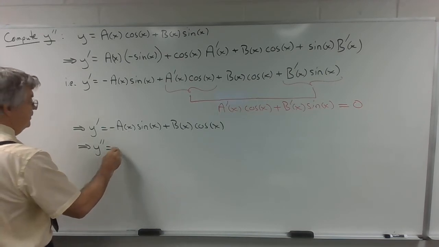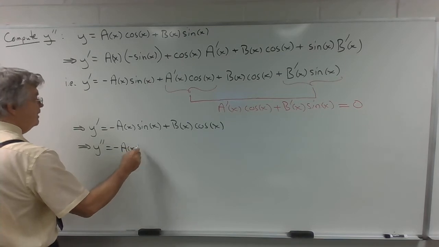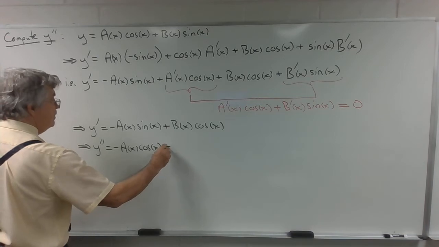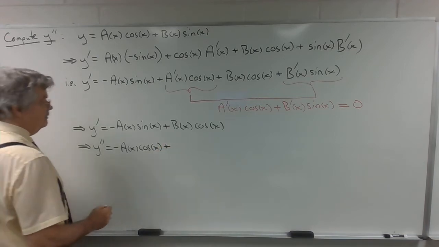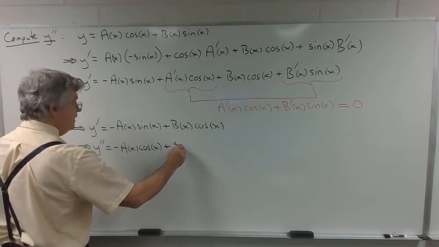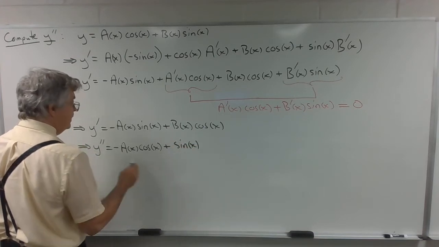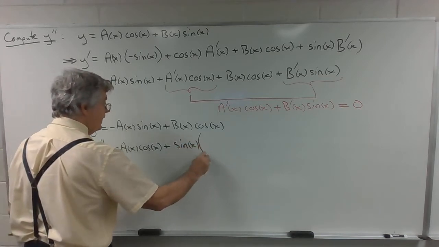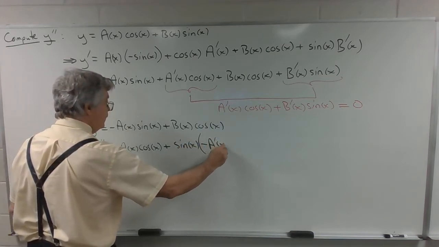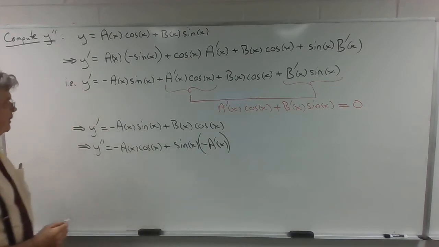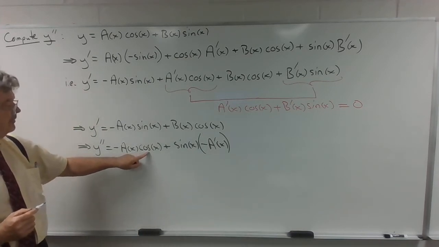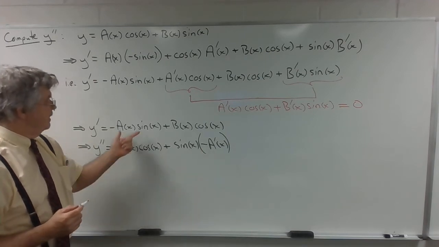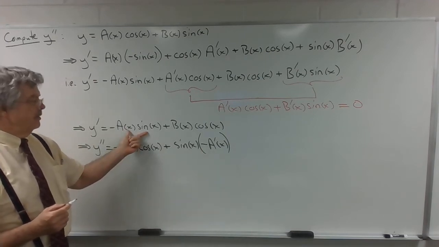So first, negative a of x times derivative of the second, cosine of x, plus second, sine of x, times derivative of the first, so that's going to be negative a prime of x. Let's see, is that right? First times derivative of the second plus second times derivative of the first. We just differentiated this term.